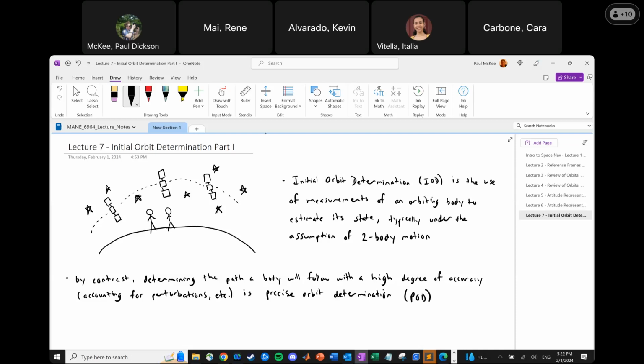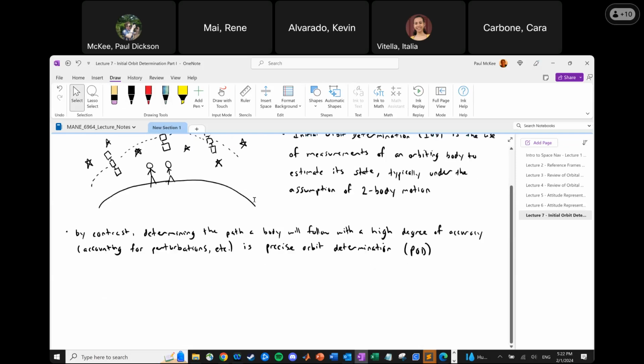And we will not be discussing that in the class. So we're starting with the initial orbit determination. Cleaning that up for a better estimate of how something behaves is precise orbit determination, which is outside the scope of this class. So we're happy once we found the position and the velocity of an orbiting body under the assumption of two-body motion. Precise orbit determination involves answering a few other questions, determining a few other variables, taking into account perturbing effects and body motion, so on and so forth. We're going to leave that for another day.